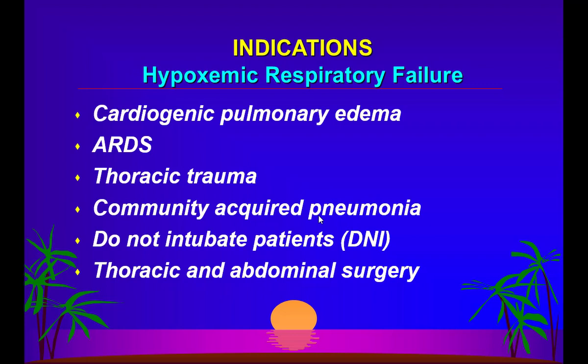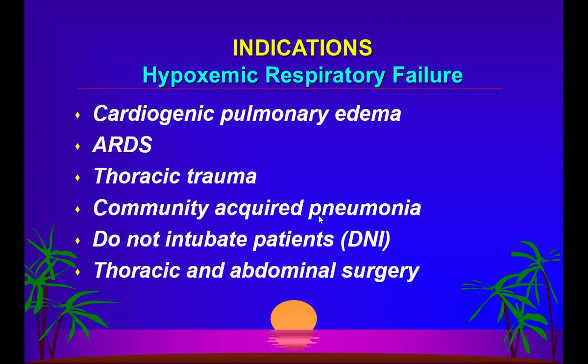In thoracic trauma, a definite indication is there, particularly for patients who are not very sick. You can use it, and you may find that these patients may not need invasive ventilation for a period of time. Community-acquired pneumonia, you can use it, but again with caution, only in the ICU setting. And of course, in do not intubate patients, the terminally ill patient, it can be used as palliative care.